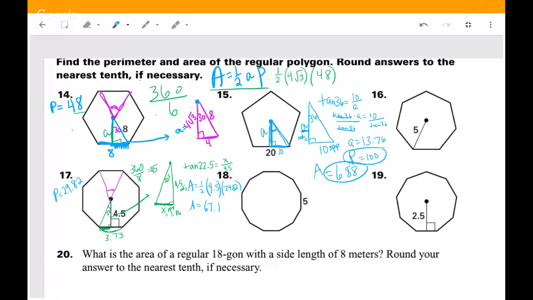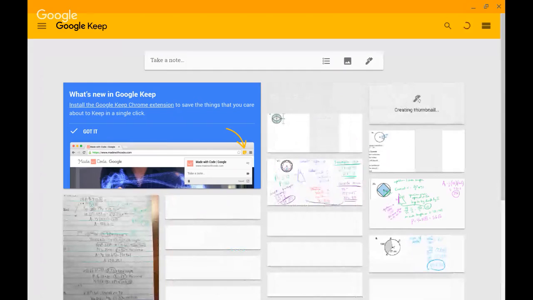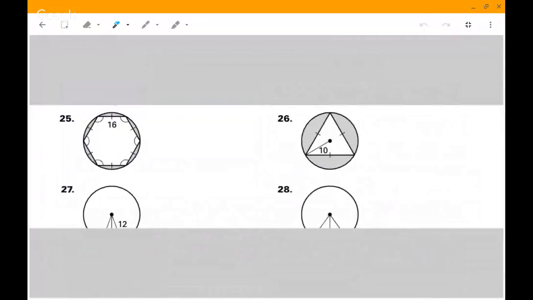I think it's coming. Just a second. All right. So you are doing the shaded region. So it is a circle minus this, what is that, hexagon?